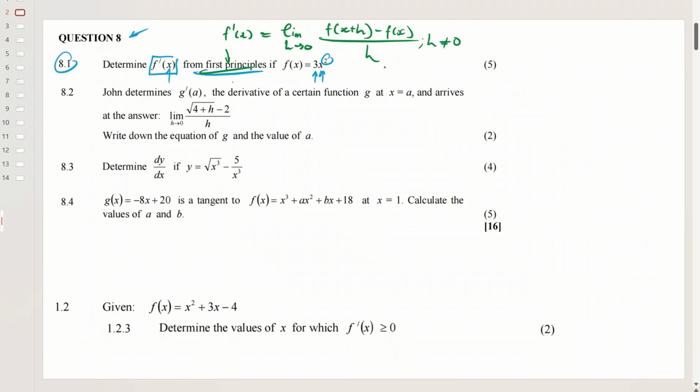Because now this entire equation is going to be undefined. Just think of it as having 0 as your denominator there. Anything divided by 0 is going to give you undefined. So h cannot be 0 there. That's why we are taking the limit as h approaches 0.